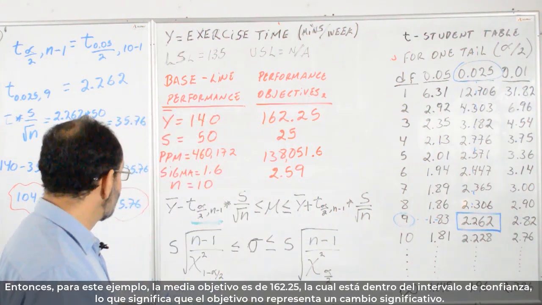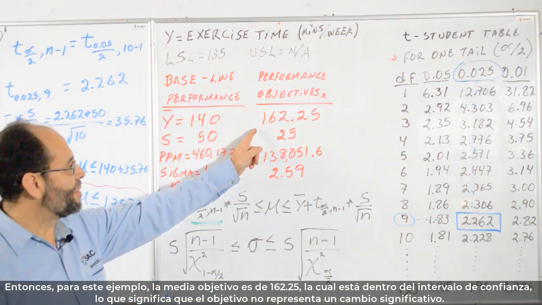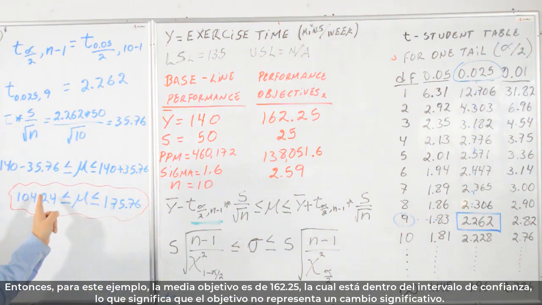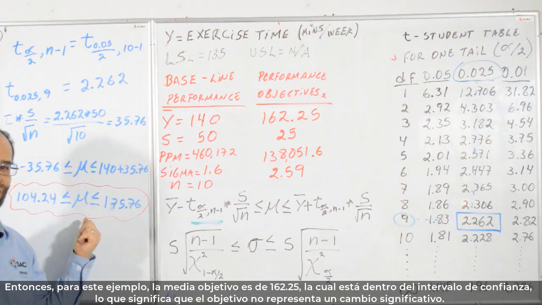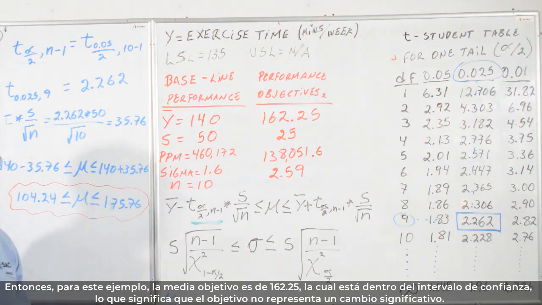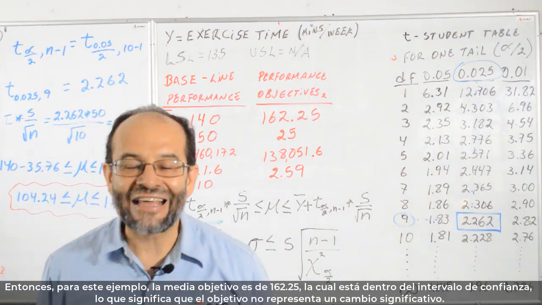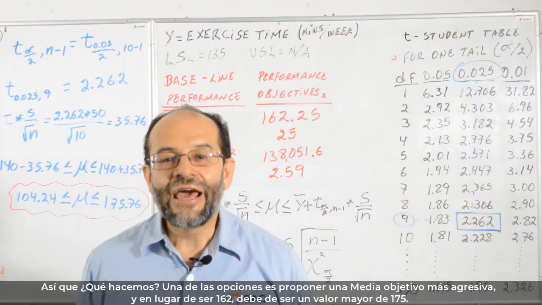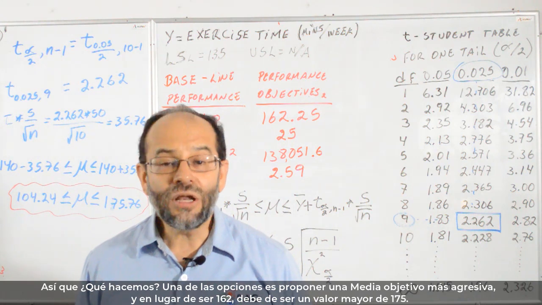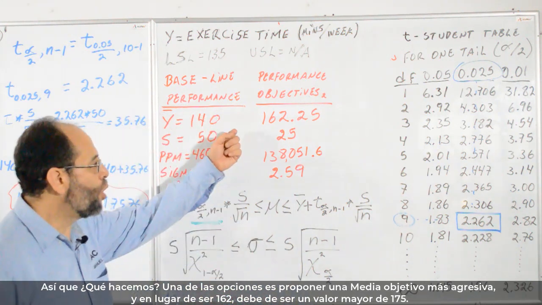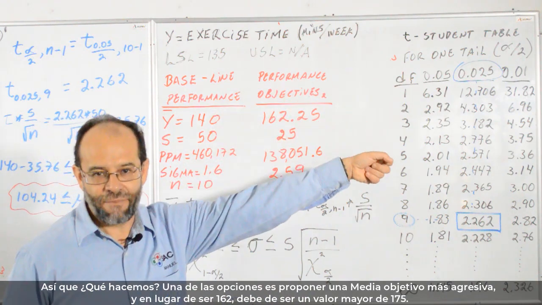Then, for this example, the mean that I'm having, 162.25, is inside the confidence interval. So that means that that is not a significant change. So, what do we do? One of the options is to propose a more aggressive mean.